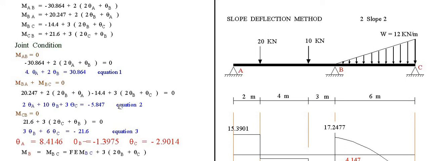Notice that we have 3 unknowns in a slope deflection. In a slope deflection, the unknowns that will be solved are the slopes, or the thetas.